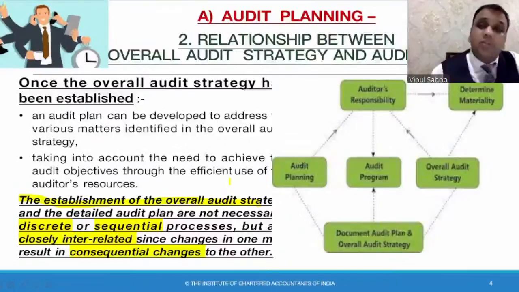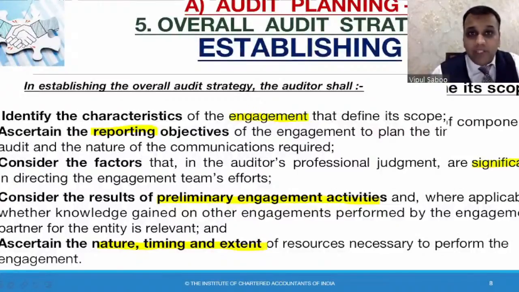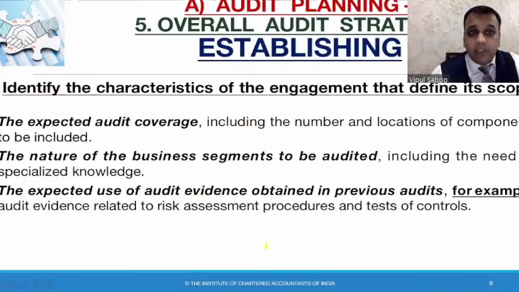So this statement is very important. Then the benefits of audit planning activities, right? And the nature, timing, and extent of the resources. We took up these factors one by one in detail. All the 5 factors, right?